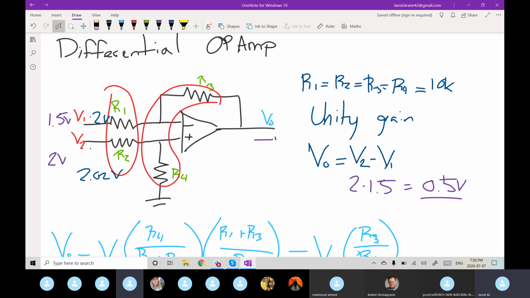Do you know the application of OpAmps for audio? I was reading about it, but I'm not sure if you have any input on that.